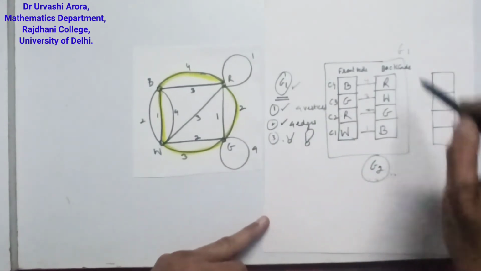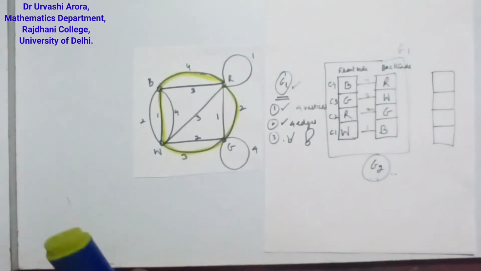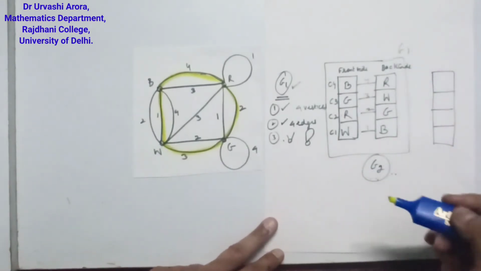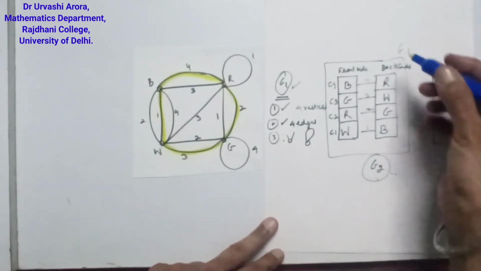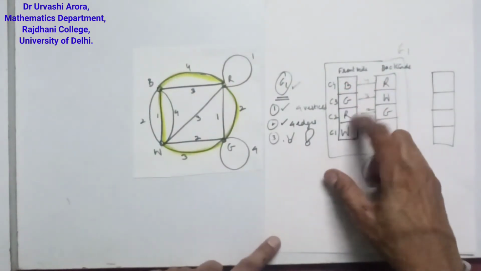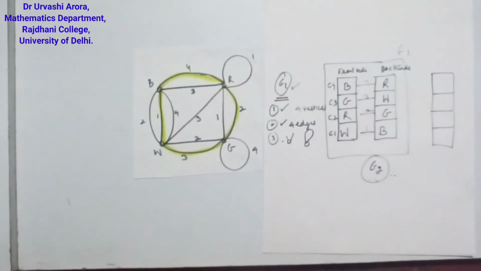Although G2 has to be constructed in a similar manner to the way G1 was constructed, G2 has to be constructed in such a way that it is edge disjoint with respect to G1, which means that G2 and G1 should not have any edges in common, because the edges which have already been considered cannot be considered again in G2.